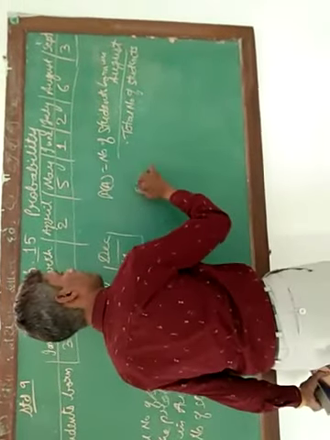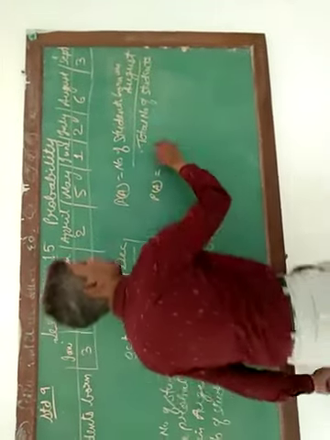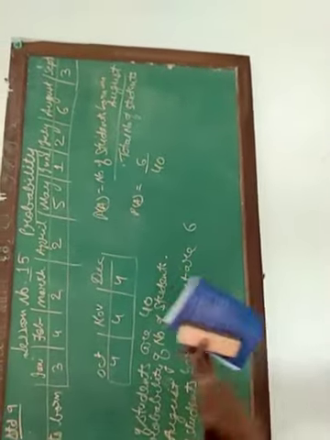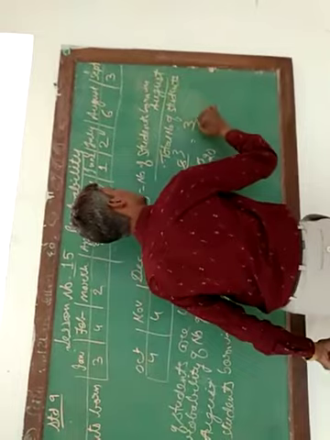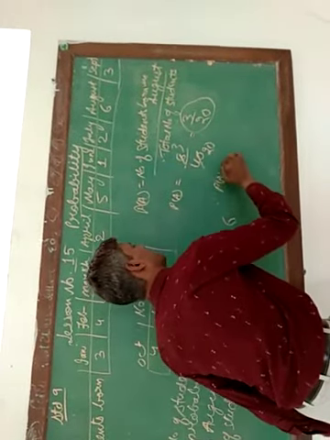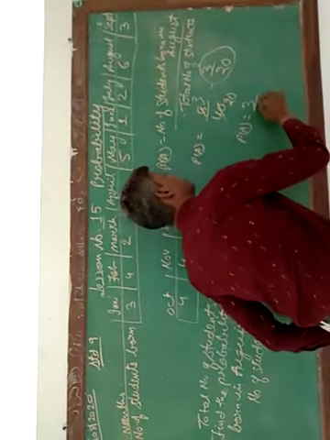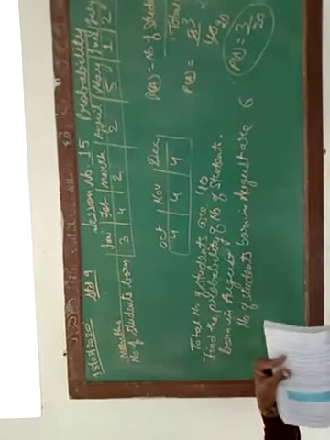The number born in August is 6 and the total number of students is 40. We have done the addition, and it is given in the question. 2 threes are 6, 2 twenties are 40, so 3 upon 20. Therefore the probability of a student being born in August is 3 upon 20. This is the answer.